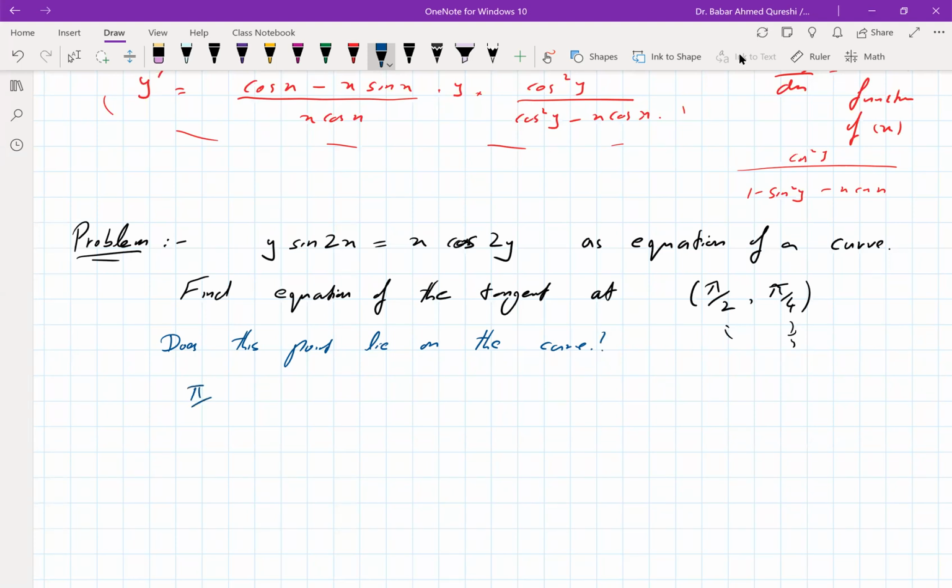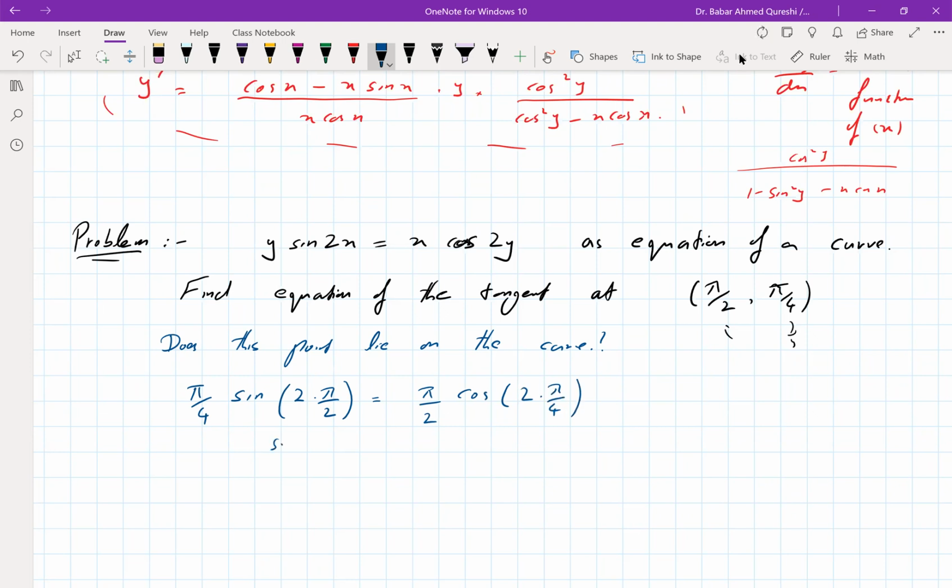So y is pi by 4 times sine of 2 pi over 2, and x is pi by 2 times cosine of 2 pi over 4.